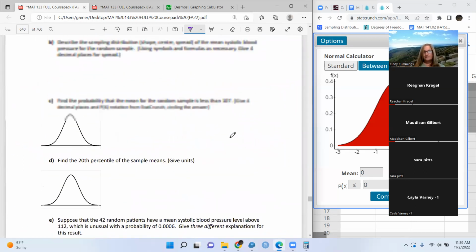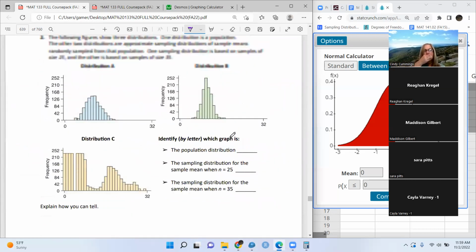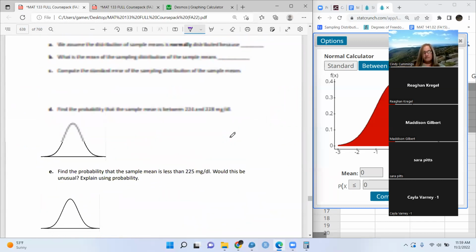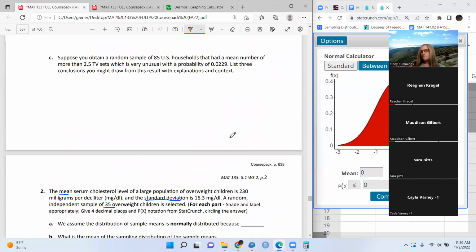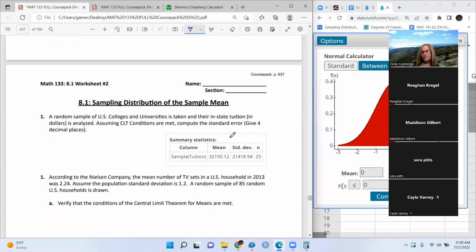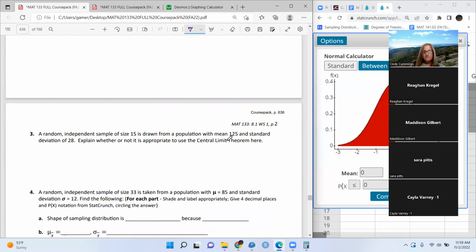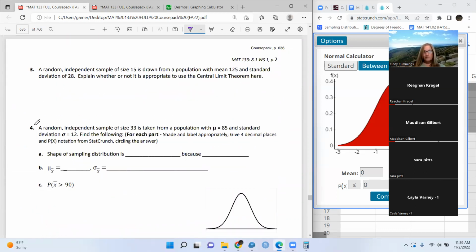Let me show you an example of that question back from 8.2. When that happens, it's also a really small place to put your answer. So here's one of them. It says, explain whether or not it is appropriate to use the central limit theorem. And in this one, condition 3 fails.